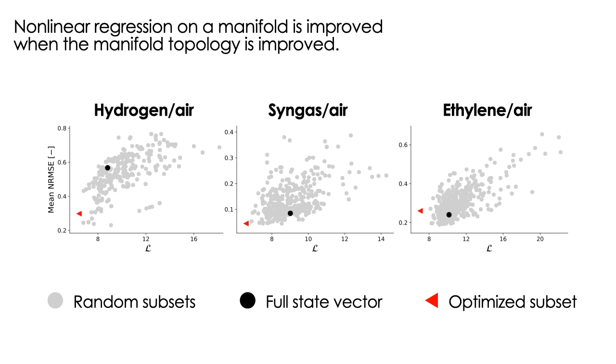You can also see that the cost for the optimized subset is smaller than the cost for the full state vector, and also smaller than any of the random subsets costs. And with the exception of ethylene, you can also see that regression errors are smaller for the optimized subset than for the full state vector.